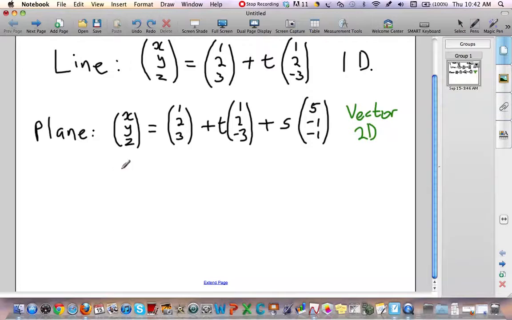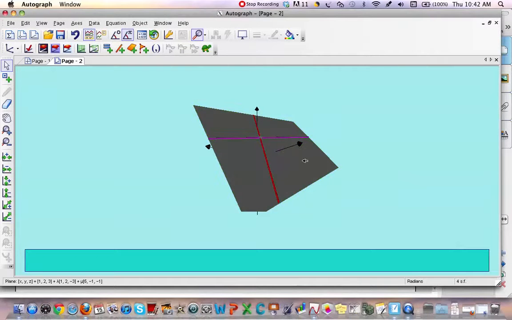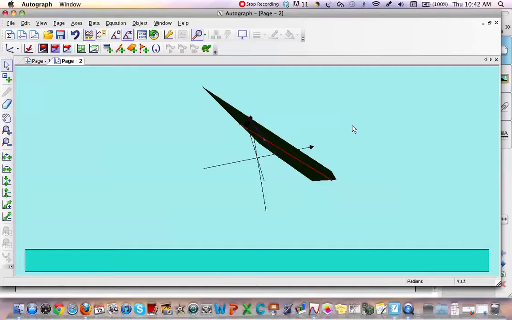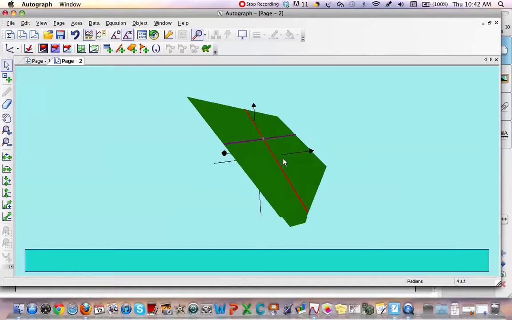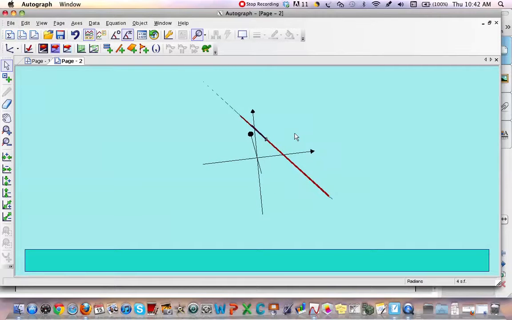And so what we're going to do first and foremost is, if we go back and have a look at our plane, what you will hopefully see is that it is possible, instead of having the two directions, to represent the plane using something called a normal.